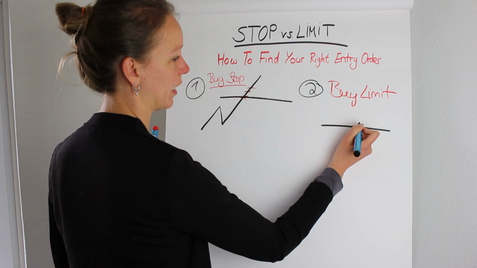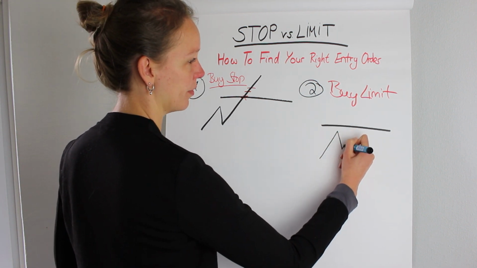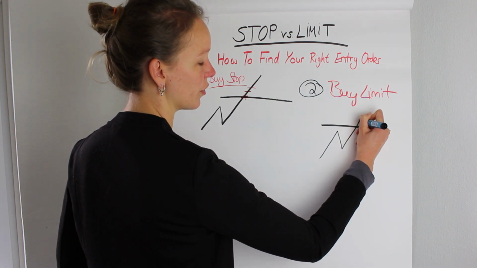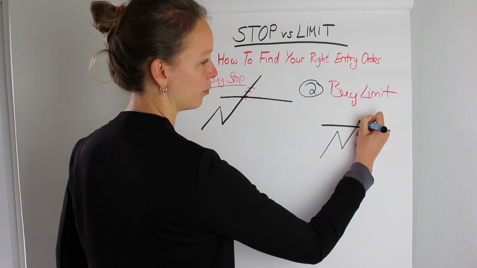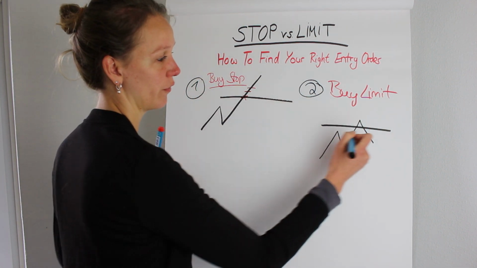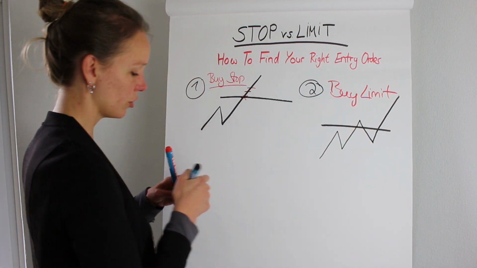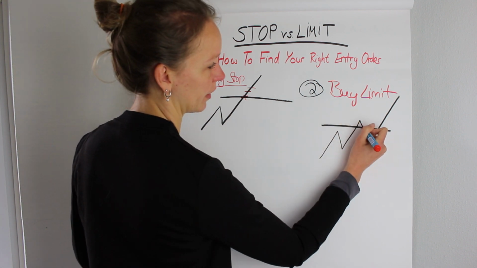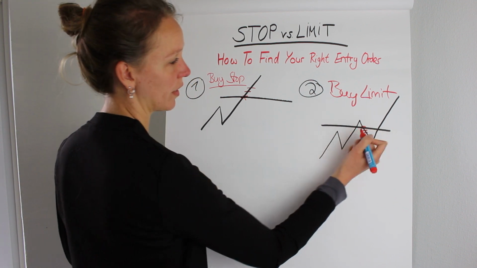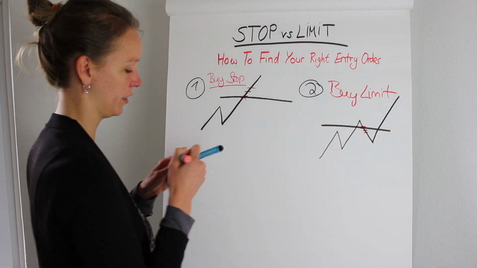And we put our buy limit at this point, so the market is coming up. At this point, we're not going to enter the market. First, the market has to make a pullback. The market has to go through to the downside first, and then we enter the market. So in this case, we're going to enter the market either at this point or even lower, but in no case higher than this area you have defined here.